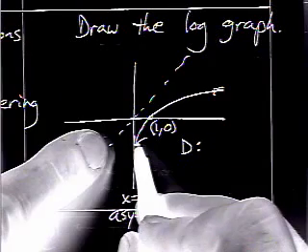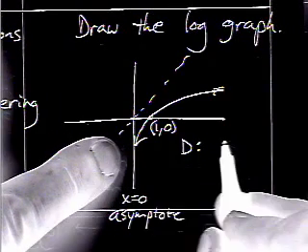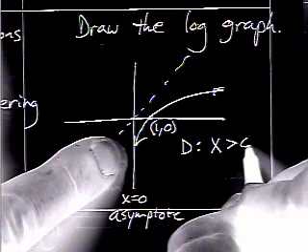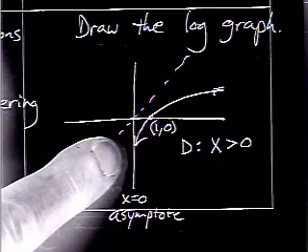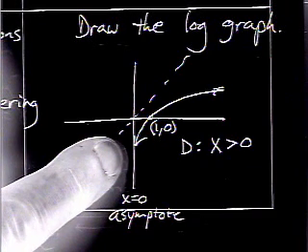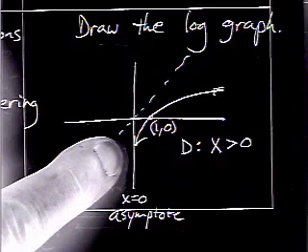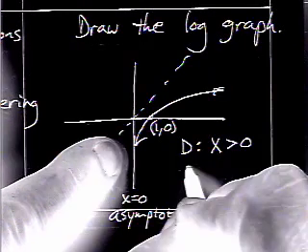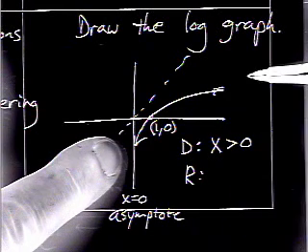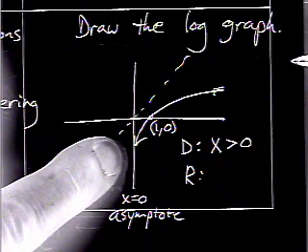By looking at the picture, I can tell that it's all x values to the right of the asymptote, so that'd be x values greater than 0. If you put equal to on there, then I know that you don't understand what the asymptote is because you're not allowed to touch that line. Well, what about the range of values? Well, this thing gradually gets bigger and bigger and bigger, and it'll hit every y value going up this way.